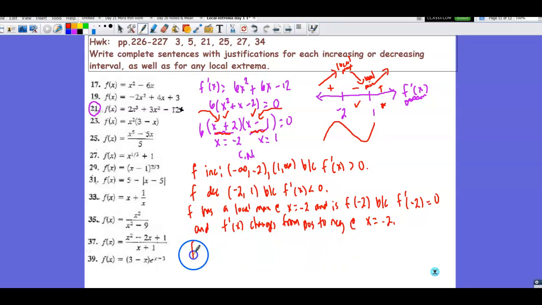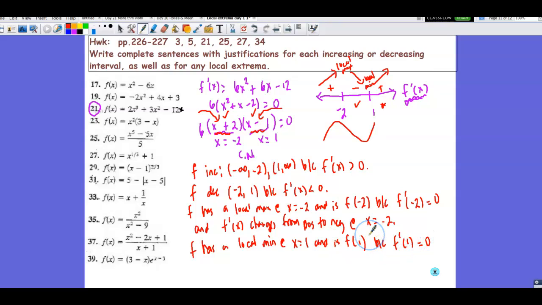Be specific. F has a local min or relative min at x equal to 1 and its value is a y value on the original function, f of 1, because f prime of 1 equals 0.